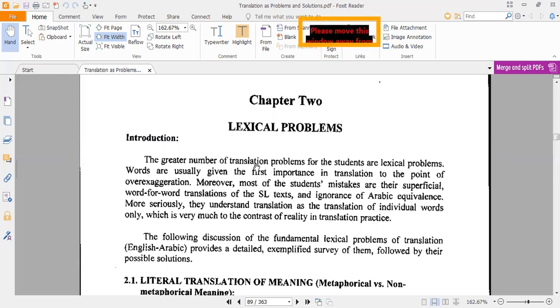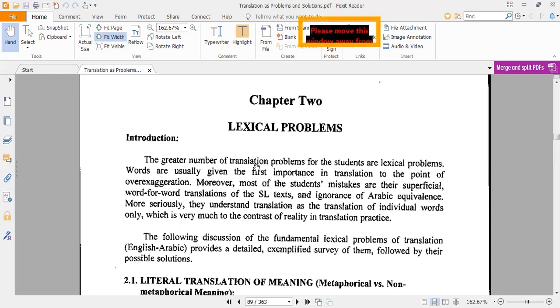Why? Because of the overuse of word for word translation. Usually students, especially the beginners in translation studies, think that translation means the replacement of source language vocabulary with their equivalent terms in the target language vocabulary.